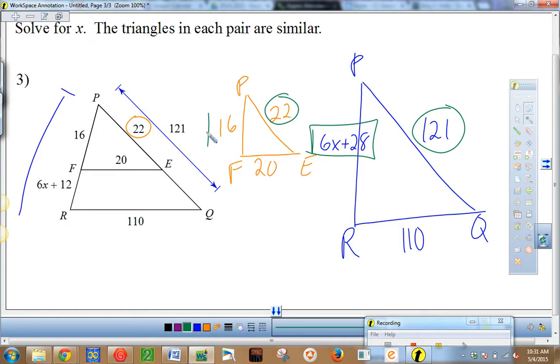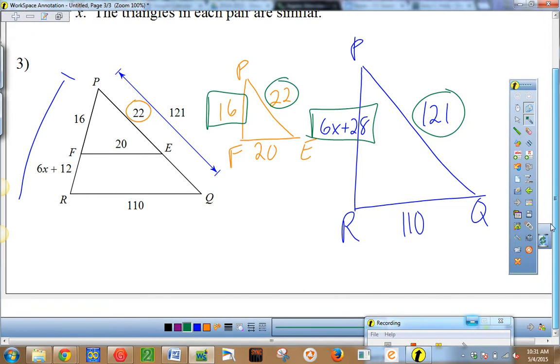The 16. So you can make a proportion. You could have picked 20 and 110 instead of 22 and 121, but you have to pick this one because you're solving for x. X has to be involved in the situation. Okay? Does that make sense? Are you just appeasing me, or does it actually make sense? No?